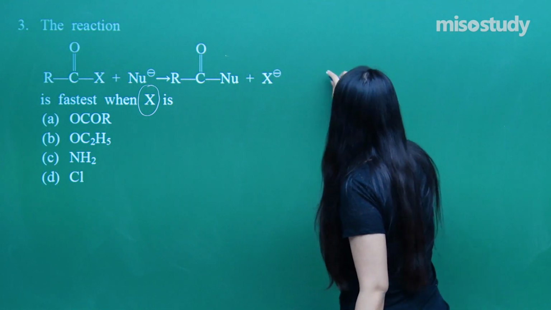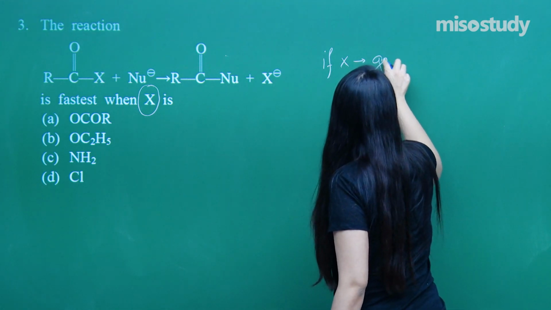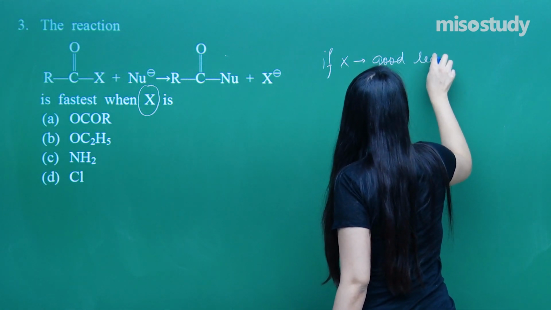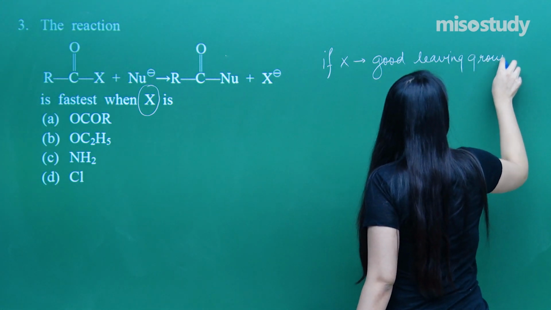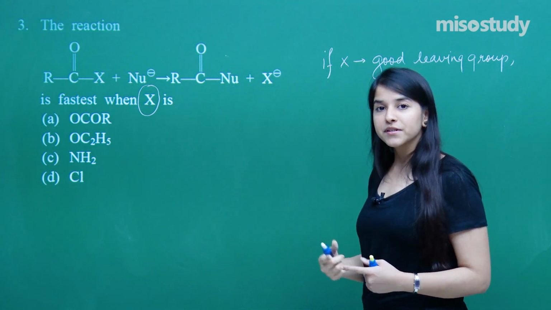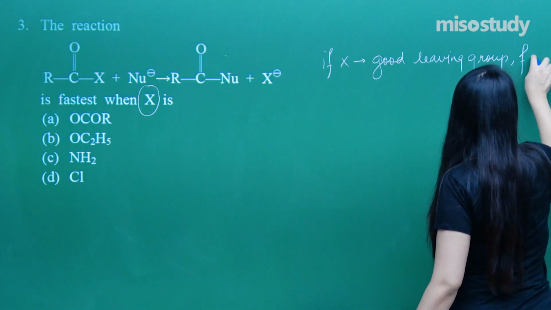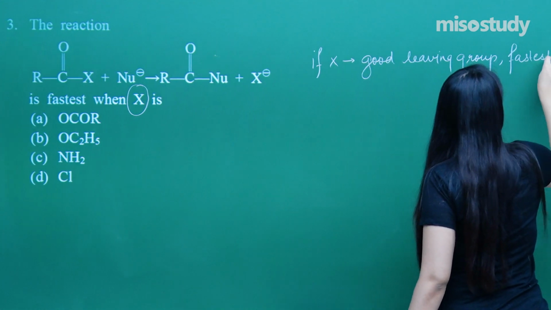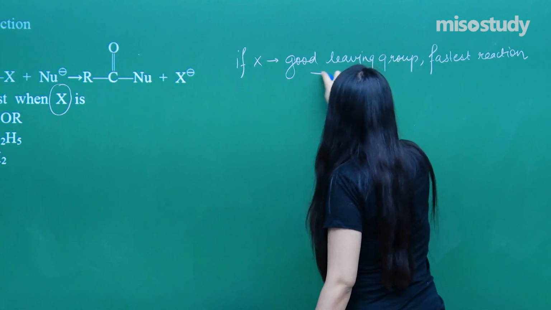So we need to have, if X is a good leaving group, so we need to find a good leaving group. That means it leaves the vicinity quickly, and the reaction will be the fastest. So that is how will be our approach.